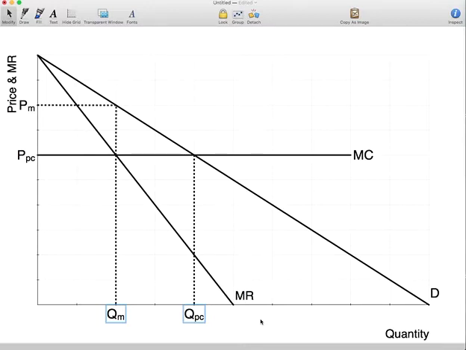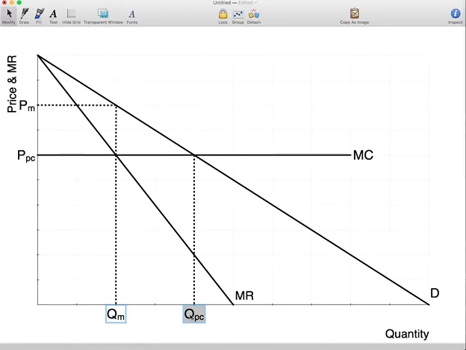Remember, a monopolist has market power and discretion over pricing, so it will adjust its output level to where marginal cost is equal to marginal revenue, and that output level is lower here than it is in a perfectly competitive marketplace where marginal cost will be set equal to the price in the long run.